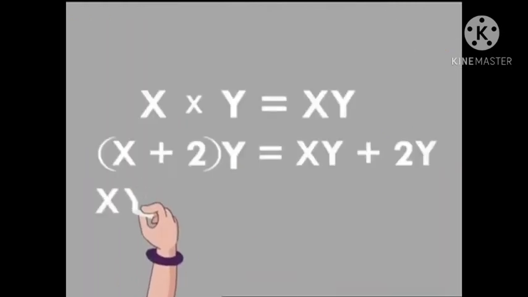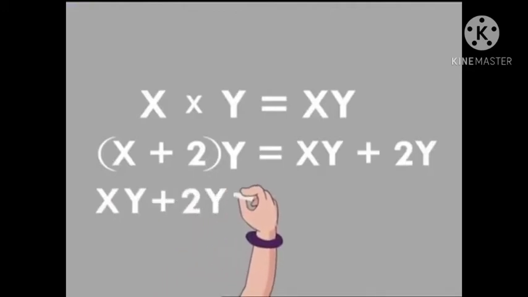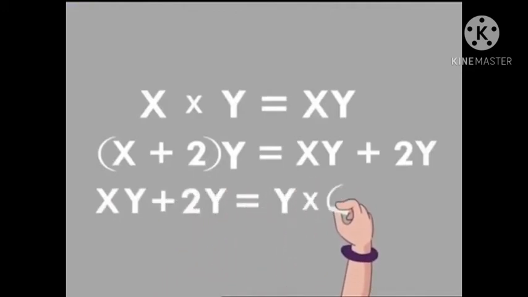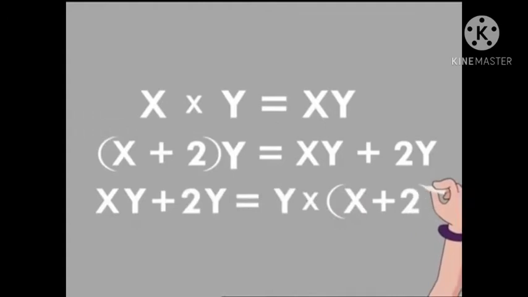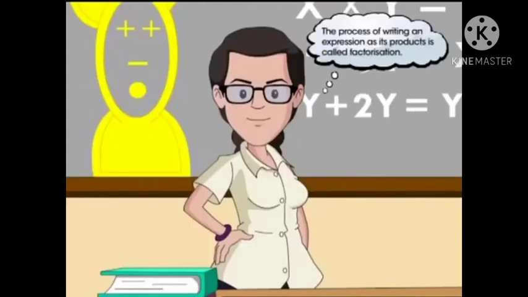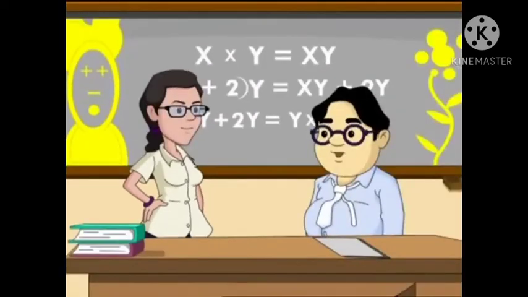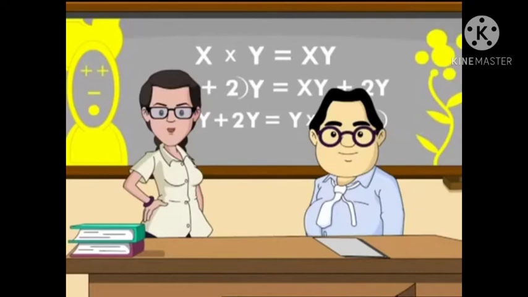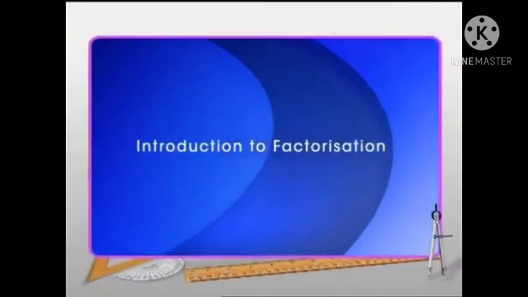If you are given the product xy plus 2y, you can express it back to its factors y and x plus 2 whole. This process of writing an expression as its products is called factorization. Oh, but how does one do this factorization? It seems so tough. Let's go to the virtual world to learn about factorization of algebraic expressions.